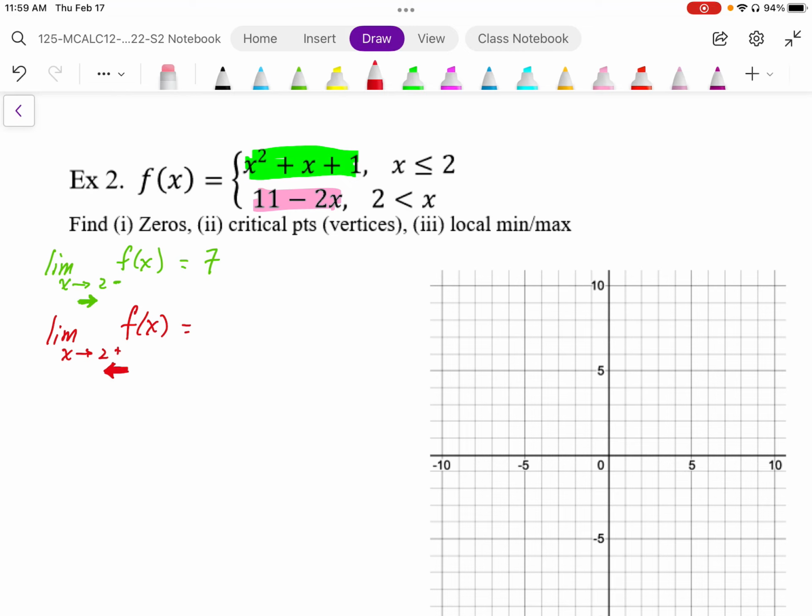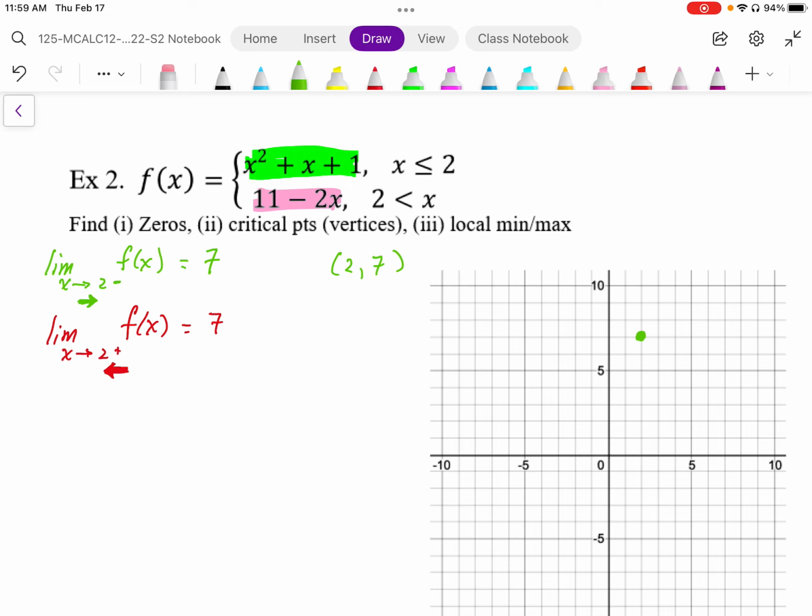And then from the right-hand side, we use the red function. As we approach 2 from the right-hand side, we use the second function, so we get 11 minus 2 times 2. That's 11 minus 4, so we get a y value of 7. And the function is actually defined at 2 and 7 from the green function, so I'm going to draw 2 and 7.